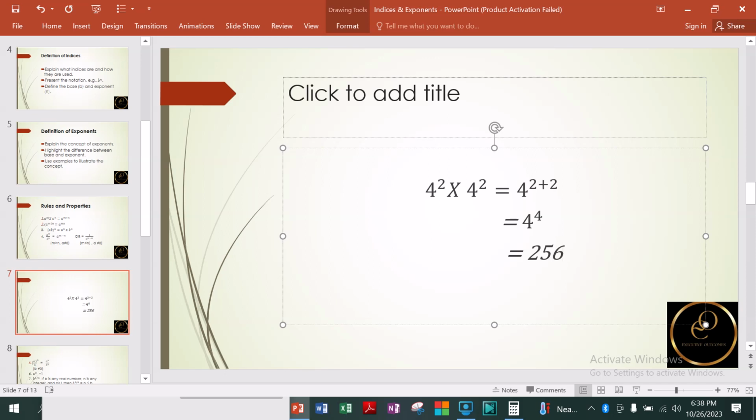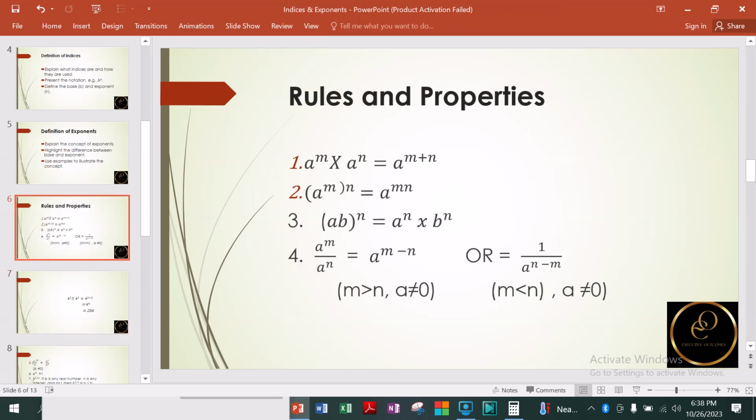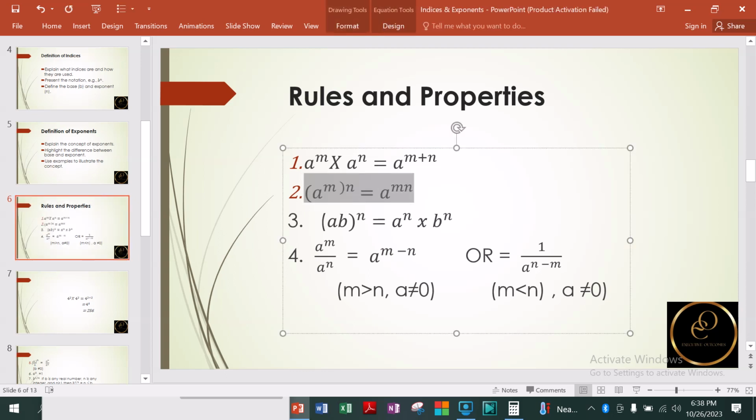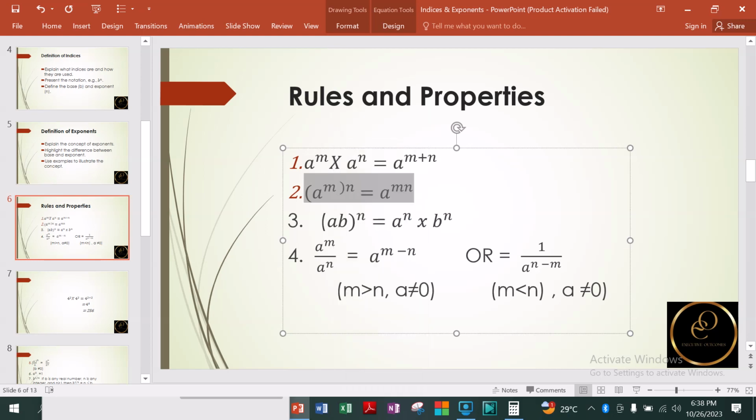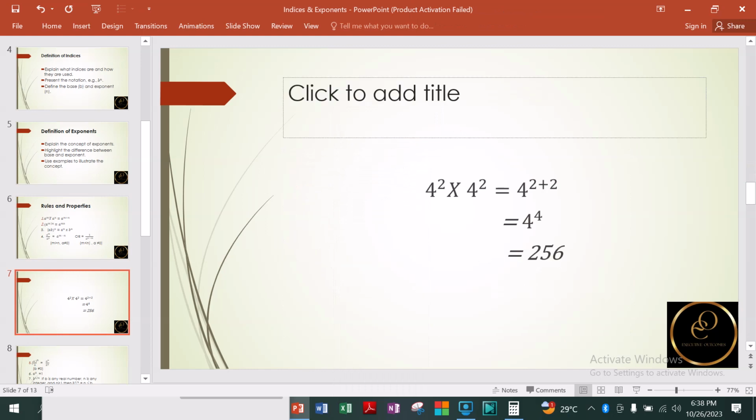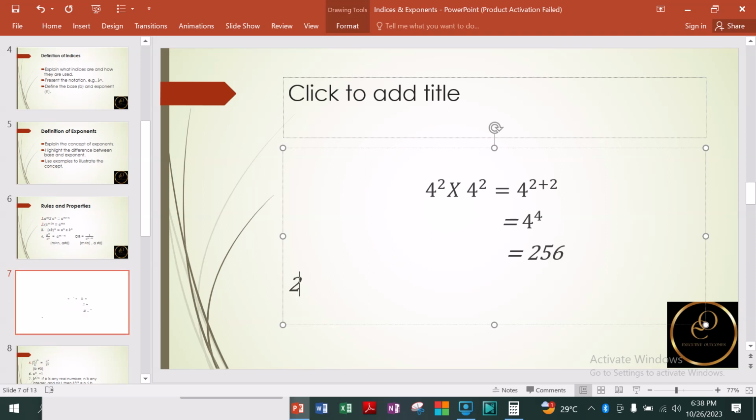Now we look at the other example, which is rule number 2. How do you deal with rule number 2? Look at this particular arrangement under rule number 2.